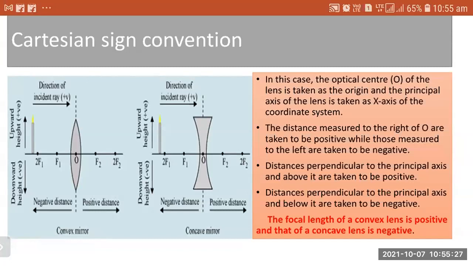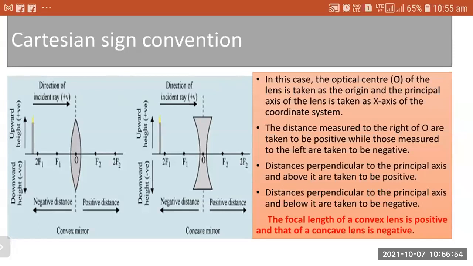And the distances perpendicular to the principal axis and below it, whatever distance is measured below the principal axis, is taken to be negative. That is for height.